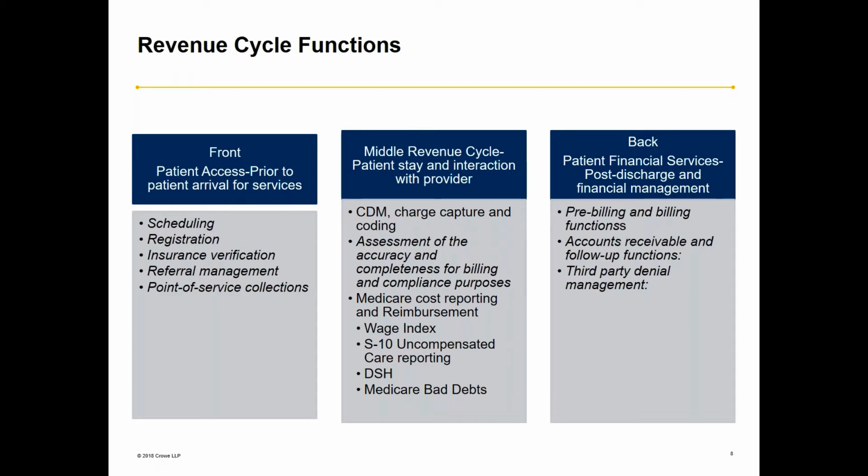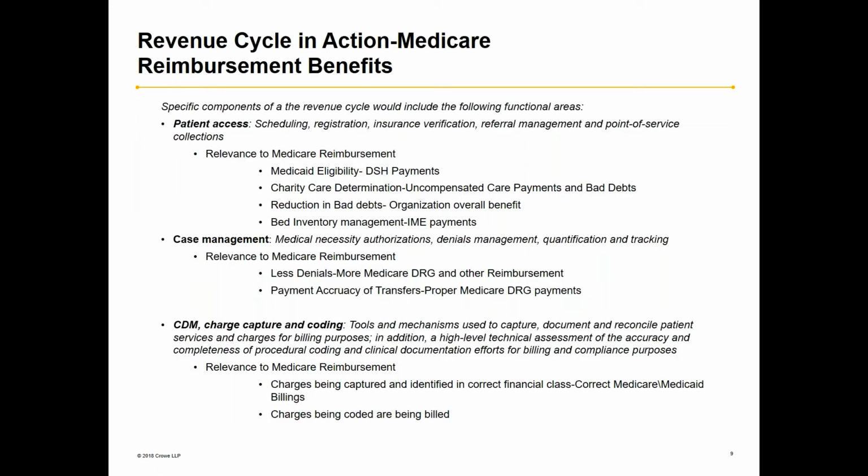So by having an understanding of those areas and what goes on in each one of those, and making sure that the reimbursement and the revenue cycle departments are working together, that will really enhance these different areas and enhance reimbursement.